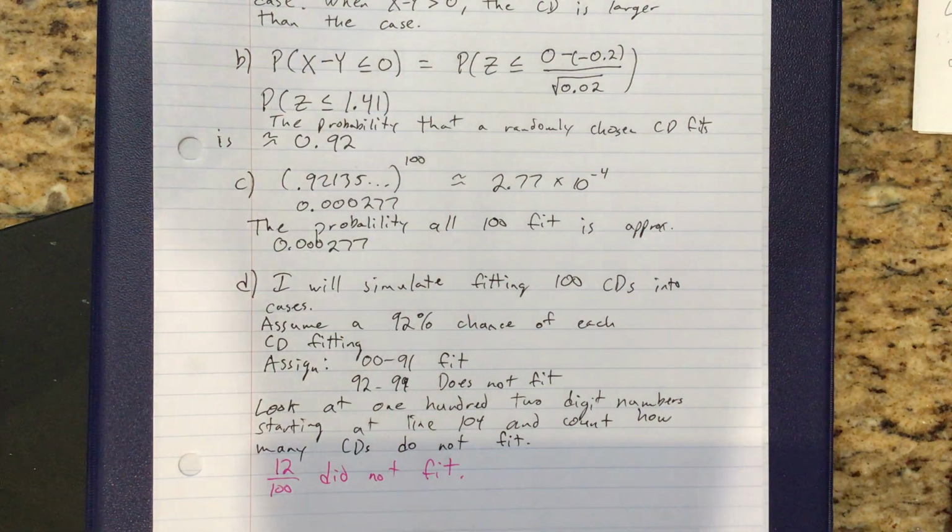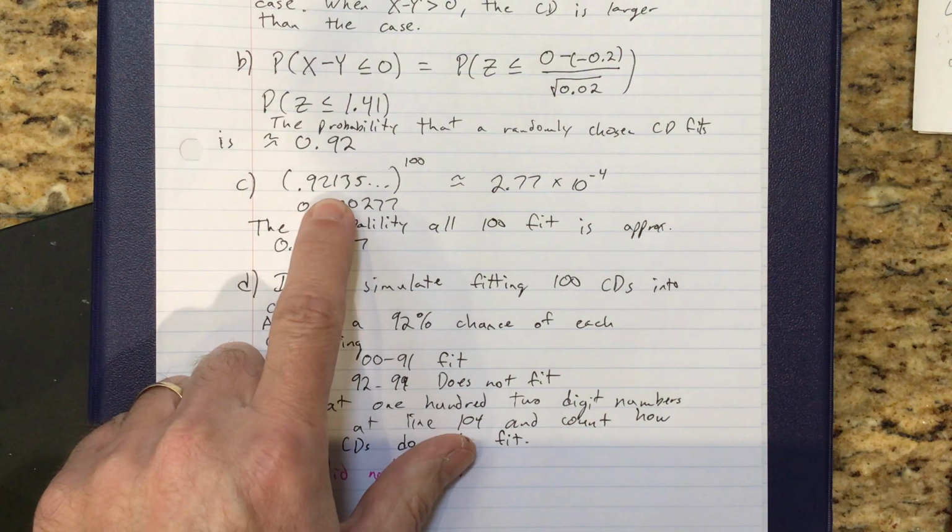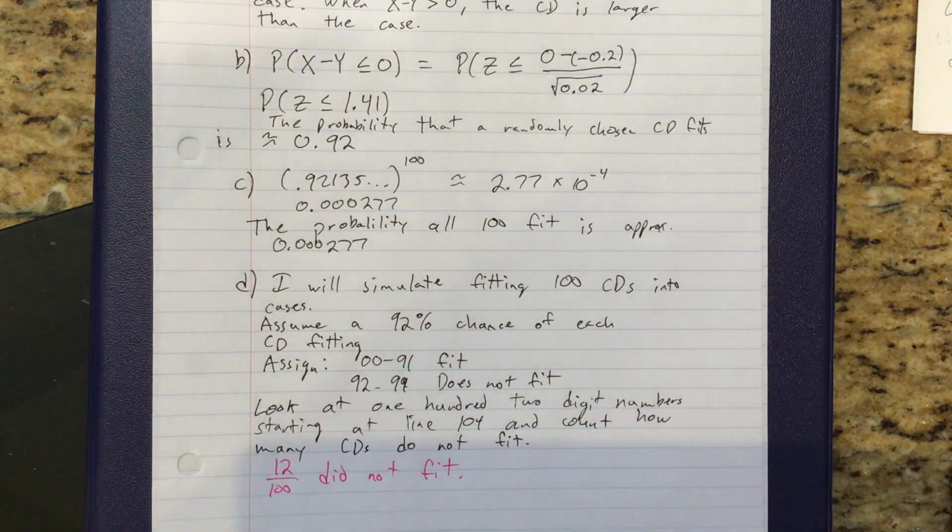This is going to be quite costly. Of course, that's only one trial. I'm sure if you pick different lines on the table, obviously we're going to get different values. But we know that with a 92% chance of fitting, if you do 100 CDs, on average, you're going to find 8 don't fit. So that's too many. That's not going to work.